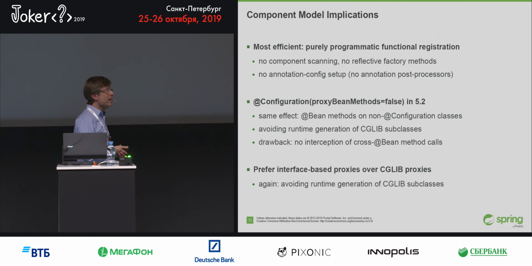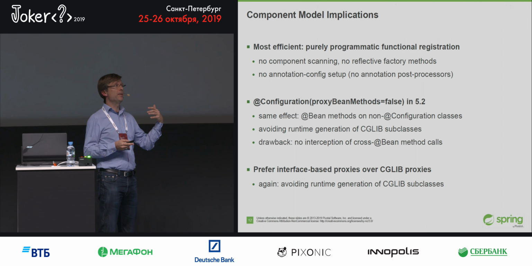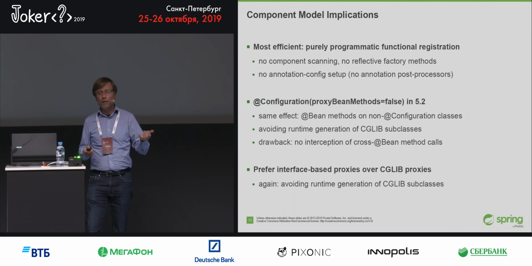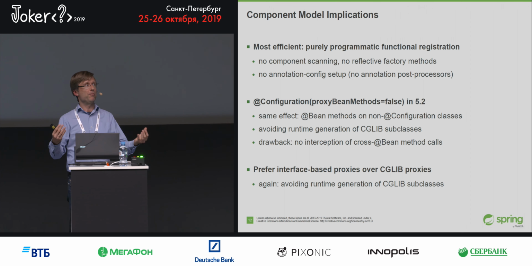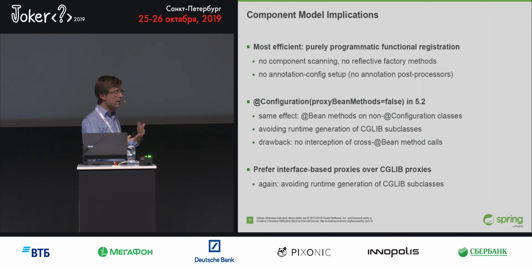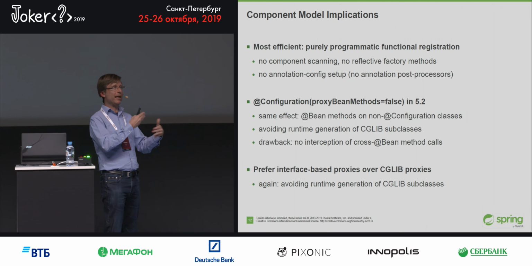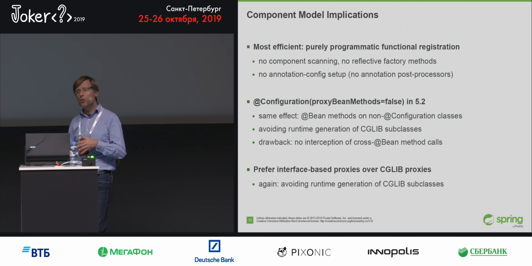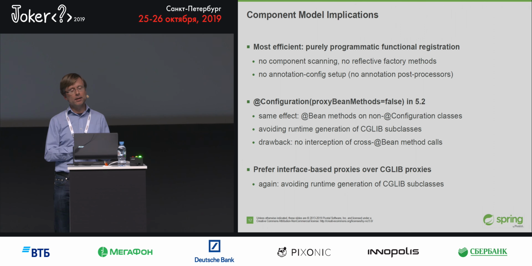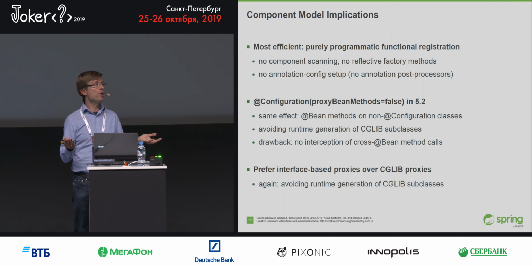Unfortunately, there are limits to how far we can take these implicit benefits. For some performance improvements, we need your cooperation. We basically need you to reconsider some of the programming model elements that you're using in your code. The most extreme variant is programmatically registering all your beans.